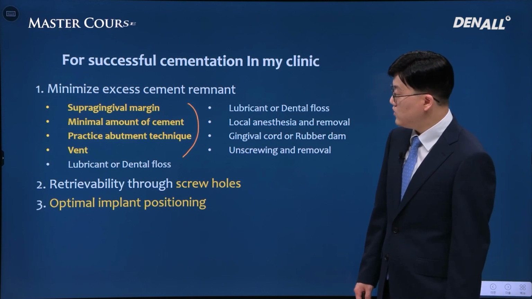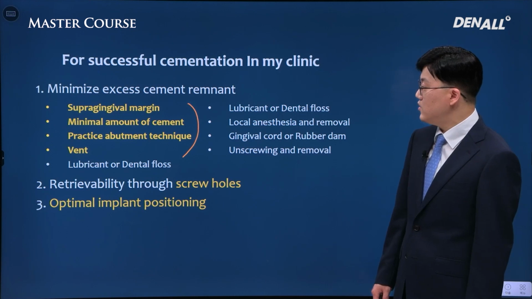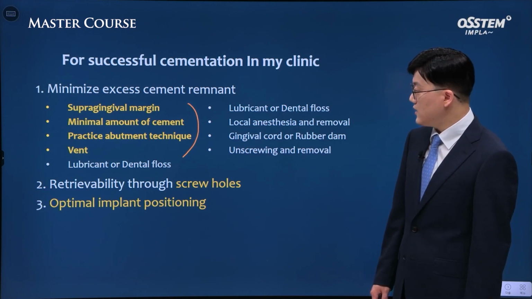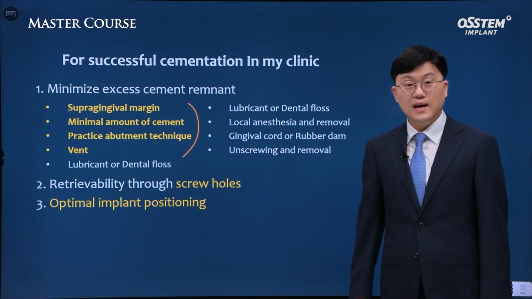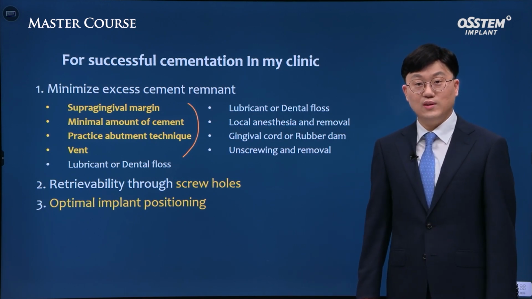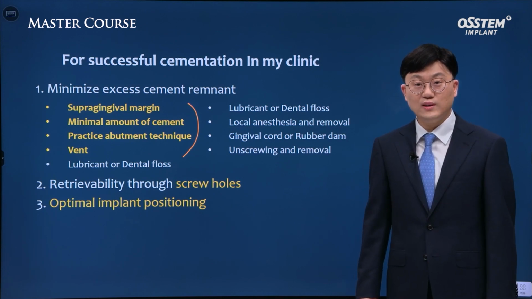Like ER-type prosthesis, I use a vent hole so that excess cement can come out, and at times I utilize practice abutment technique. In order for these to be possible, it is very important for the implant to be placed in ideal position.